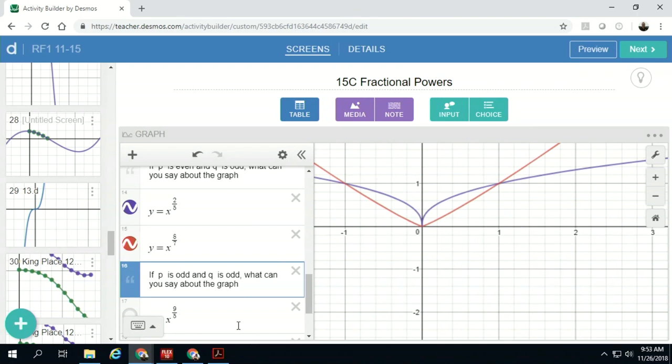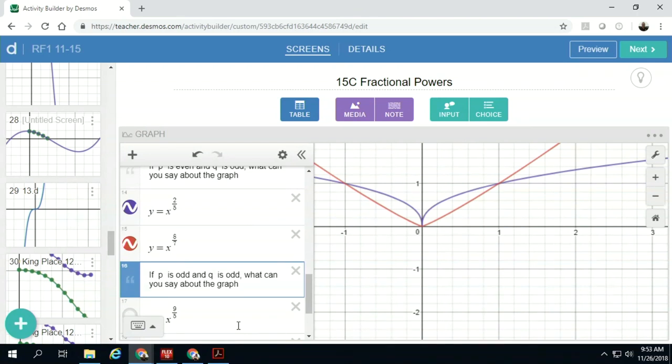So the domain is from 0 to infinity, right? Oh, negative infinity to positive infinity, right? The range is from 0 up to infinity, right?